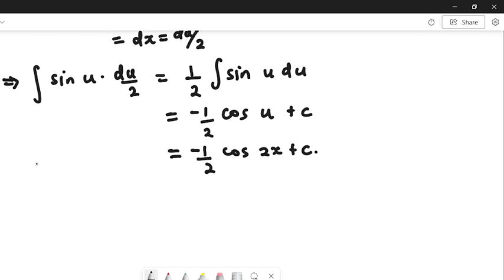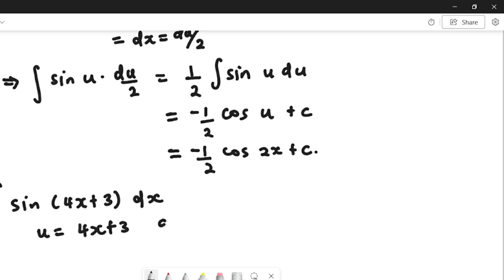Our next example is you're given sine of 4x plus 3 dx. So our u is 4x plus 3.